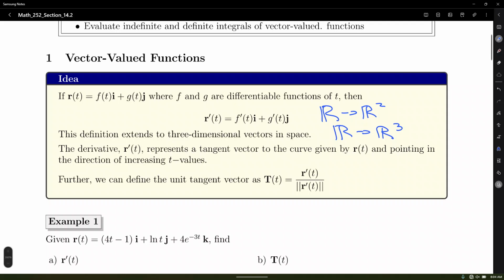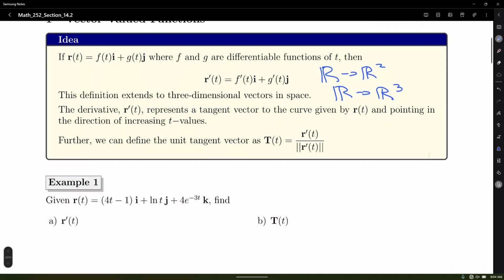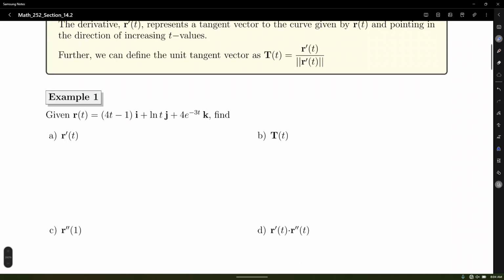All right, and then we can also define what we call the unit tangent vector, which is the tangent vector, the derivative, divided by its magnitude. That's how we get a unit vector. We're dividing the components of a vector by its magnitude. All right, so how about we see this in action with one example?